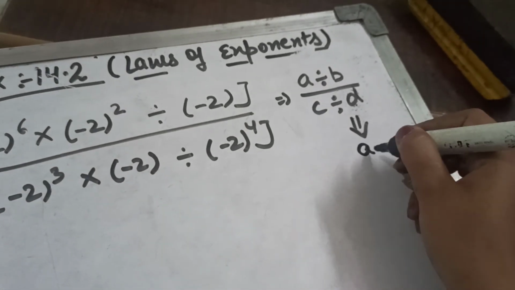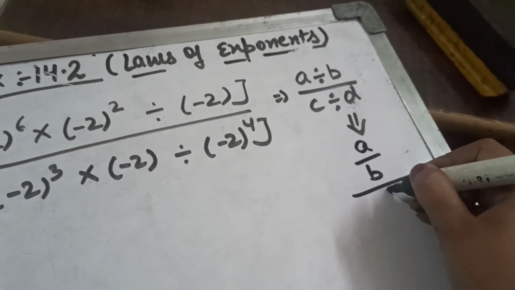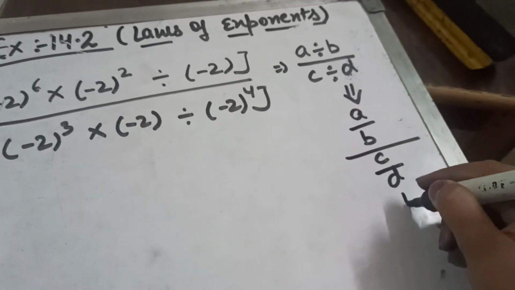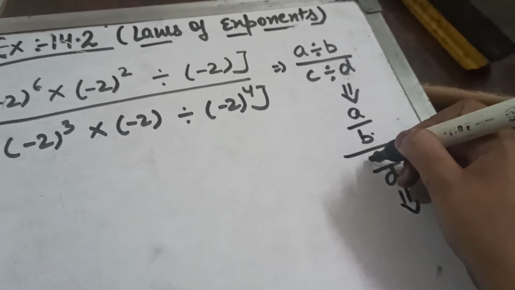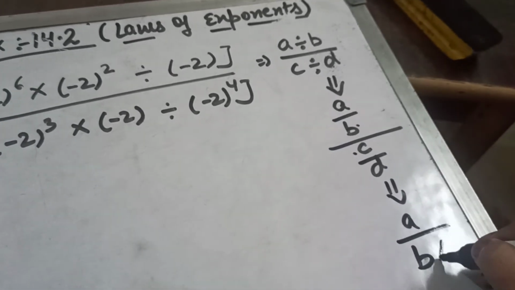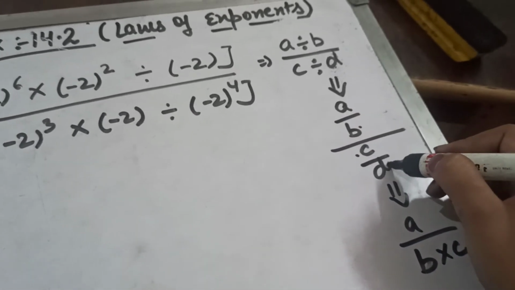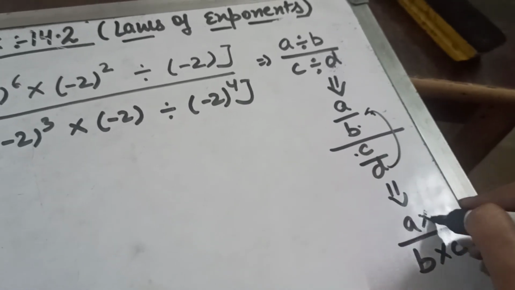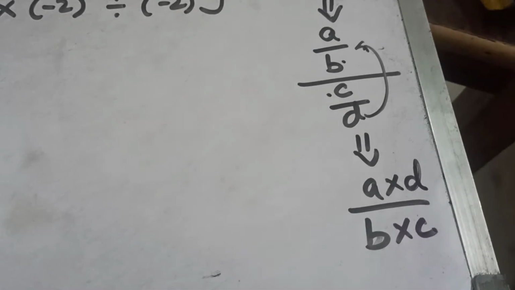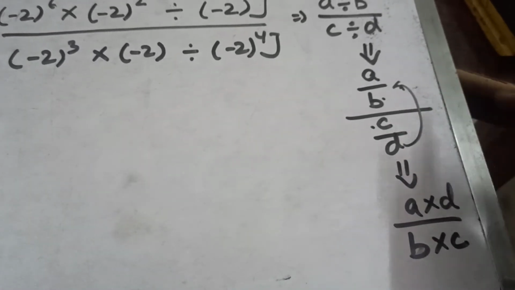A by B by C by D. So how will you do this? This B will come here, A by B multiply with C, and this D will go up, multiply with D, right? When you change it, it will change.